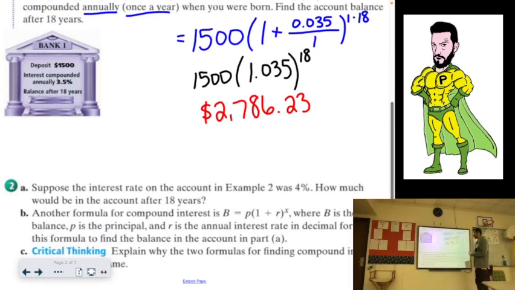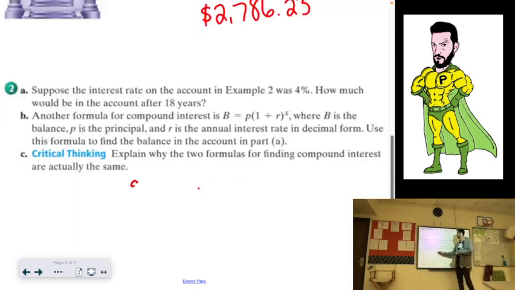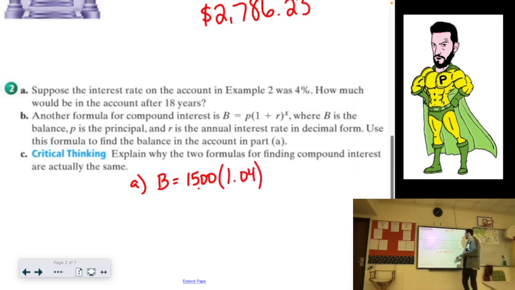Suppose the interest rate on the account in example 2 was 4% instead of 3.5%. How much would be in the account after 18 years? So the initial amount was 1,500. It would be 1 plus 0.04 divided by 1, which would be 1.04. And then we want to know what that would be in 18 years.